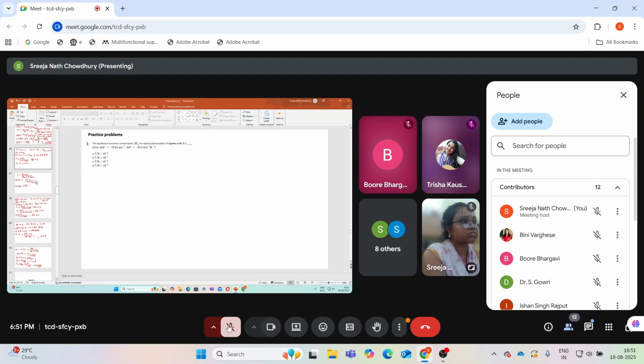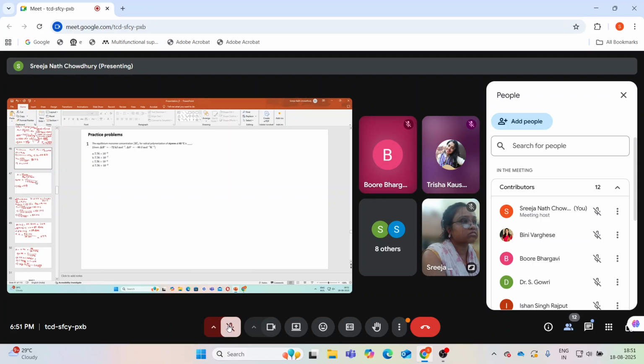Delta H is minus 72 kilojoule, so it should be in joule, 10 to the power 3. R should be in joule, 8.314, and T will be your Kelvin scale.